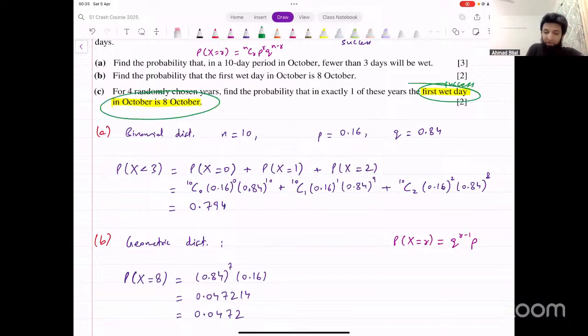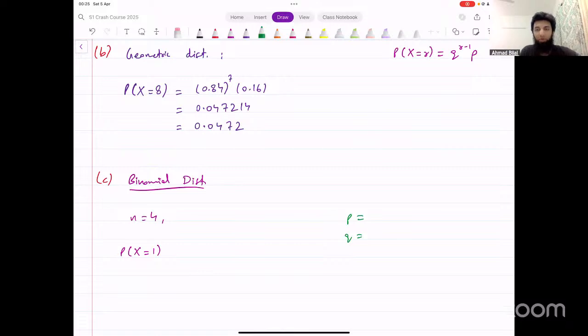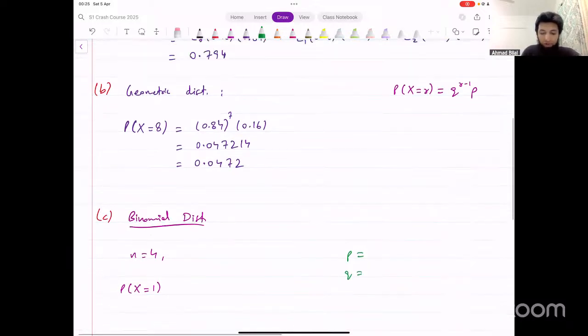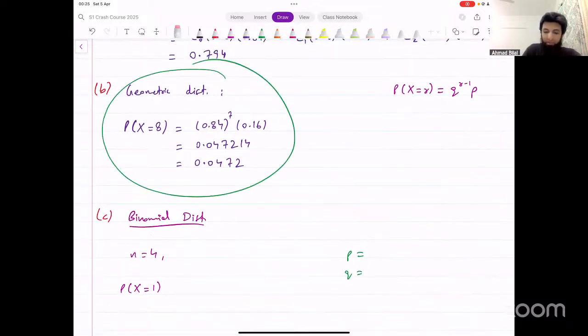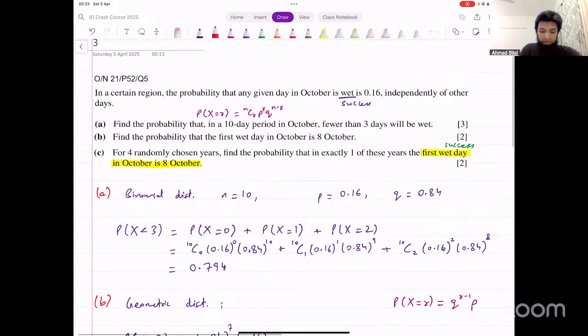The first wet day in October is 8th October. So this is a binomial distribution, and for finding the probability of success of this binomial distribution, we have to use a geometric distribution. We already did that in the second part. If they wanted to make this more complicated, which they can, they could combine the second and third part.